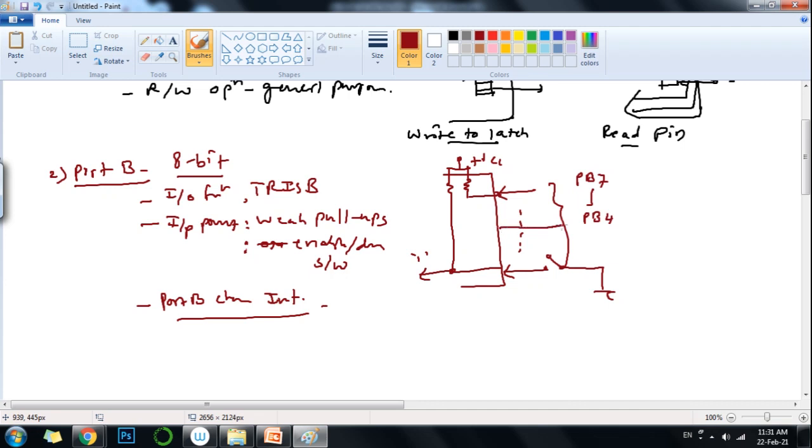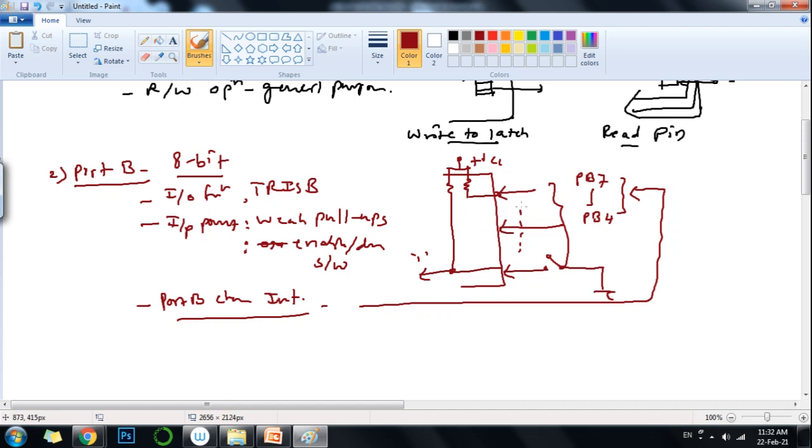When you configure these particular pins as input pins, this feature is applicable to them. Whenever any of these pins changes from high to low or low to high, the CPU is automatically interrupted. In the ISR, you can write instructions to read the port and find out which particular pin has changed its status.